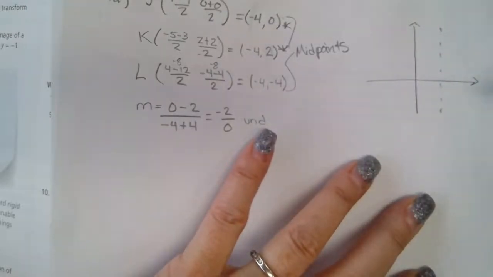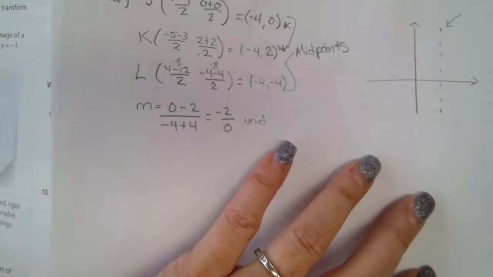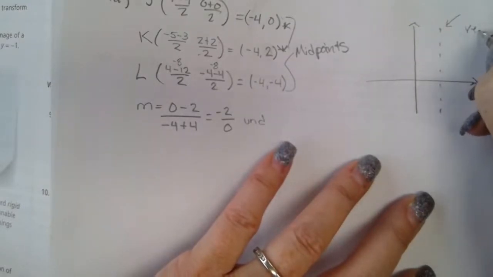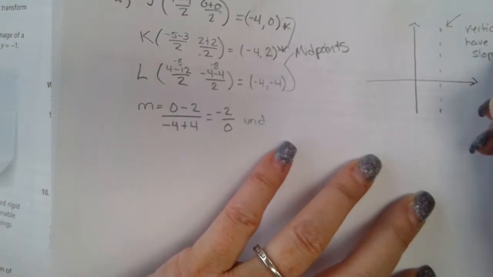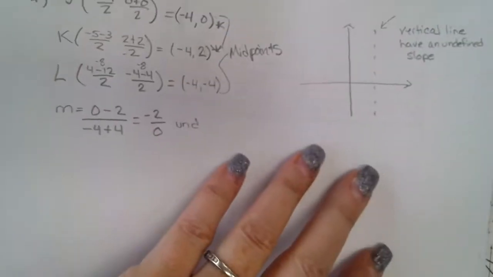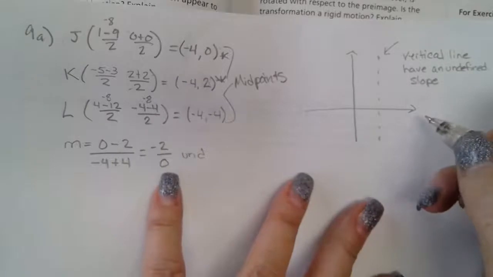Well, if we're just talking about this line, it's an undefined slope. Okay, so all vertical lines have an undefined slope every time. So that means when you calculate the slope, you would be dividing by 0 because we can't divide by 0.